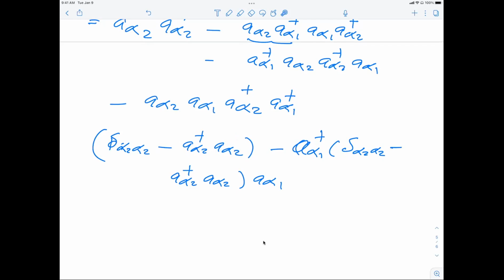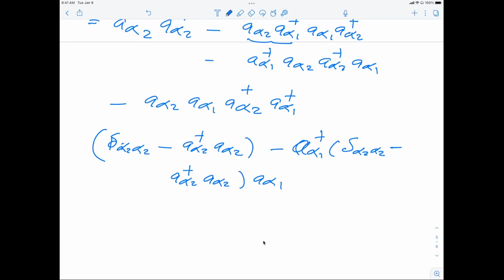If I look at this term and that term, this term multiplied with that one is also going to give me 0. And if I look at the second term, which is this one, multiplied with that and that, that's also going to give me 0. So at the moment, the only term which survives from these two here is actually this term here.